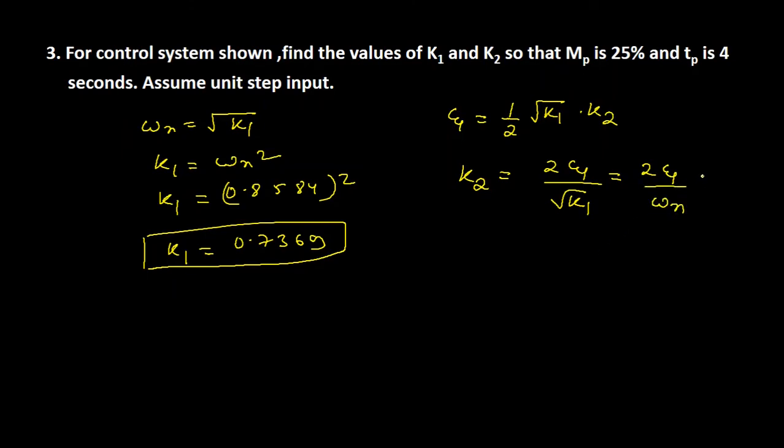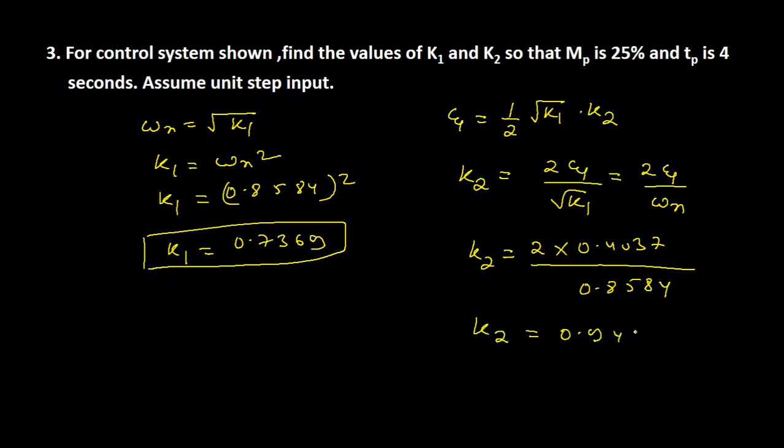Now we will put the value of zeta and omega n in this equation. Therefore K2 will be equal to 2 into 0.4037 divided by 0.8584. When we solve this, we will get K2 is equal to 0.9406. So this is the value of K2 we are getting.